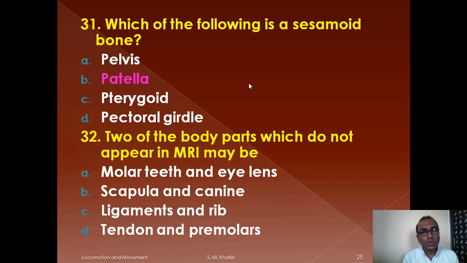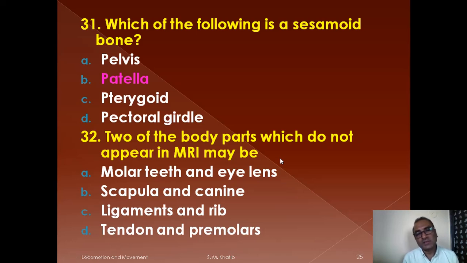Question number 32. Two of the body parts which do not appear in MRI may be. What is MRI? MRI is a technique where we visualize the soft tissues of the body.